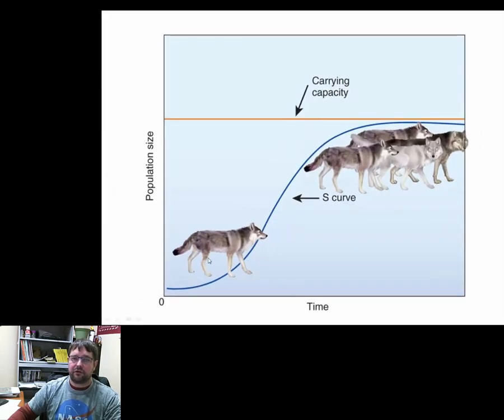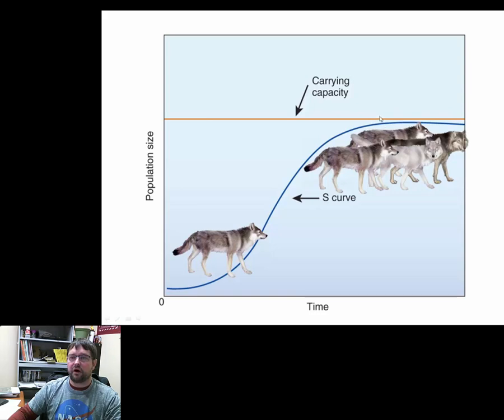So here you can see the wolves will do something like this. Population is low, starts increasing, and then as they get close to the carrying capacity, and this depends on the area, they will slow down. Their population growth will slow down. There's less nutrients, there's less resources, there's more competition from within.